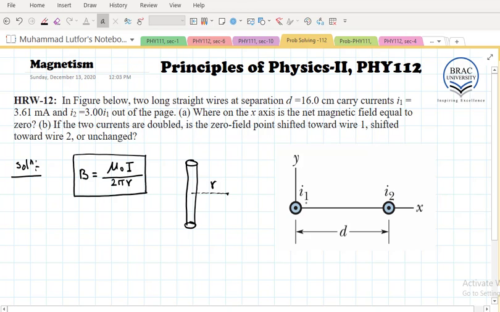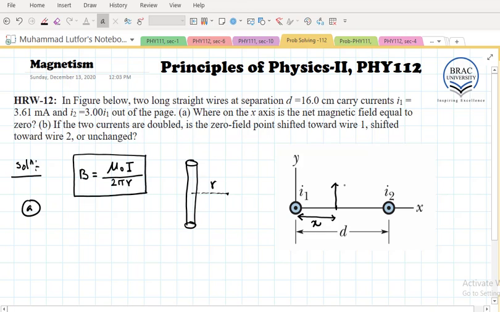Now in this problem we have to find the direction of these two magnetic fields, and we assume that at a point over here the magnetic field is 0. Say this is the distance x from wire 1. The direction of the magnetic field at that point due to current I1 in wire 1 would be upward.